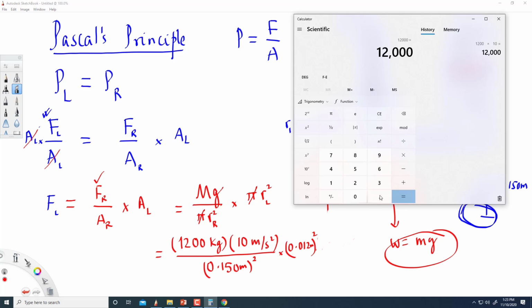So 1200 times 0.012 times 0.012, that's the square, and divided by 0.15, and again divided by 0.15, because we have a square, so I need to divide twice. So that's 76.8.